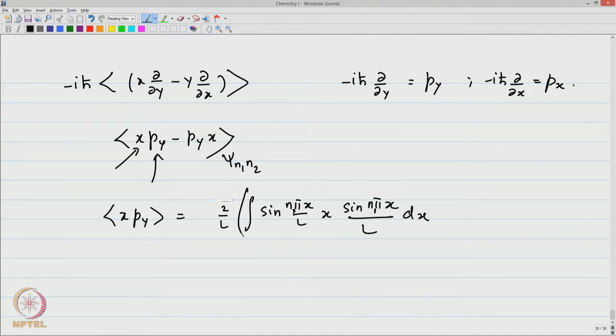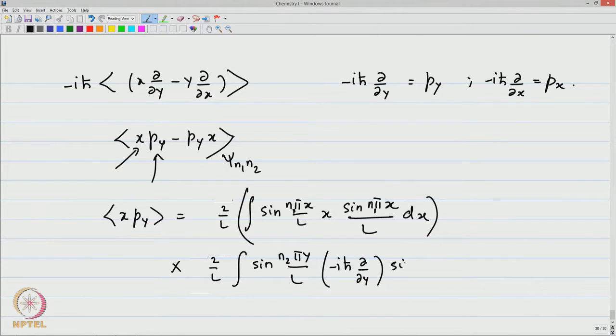This is the x part of it, and then the y part is 2 by L sin n2 pi y by L, and P y is the derivative, minus i h bar d by dy, acting on sin n2 pi y by L, dy, and the limits are 0 to L for the square box.